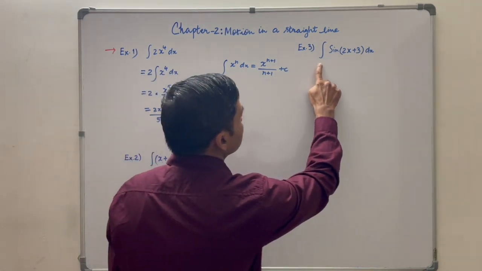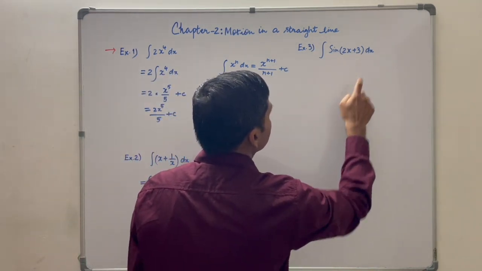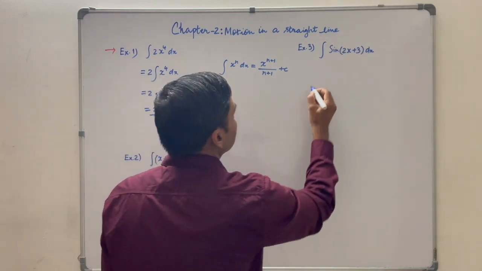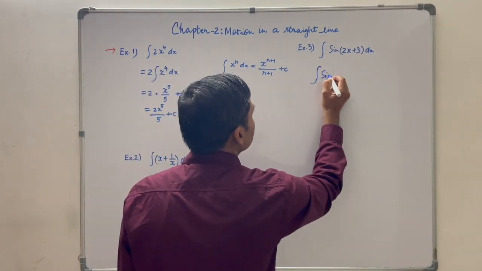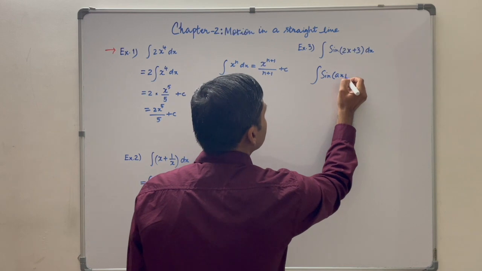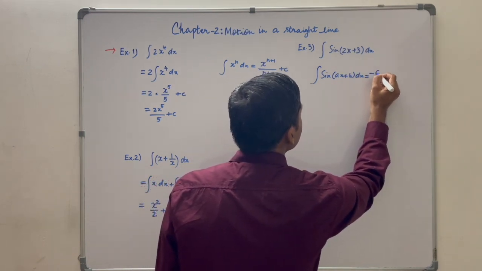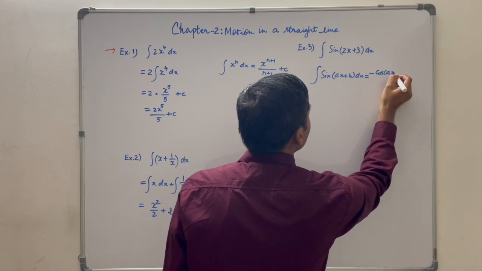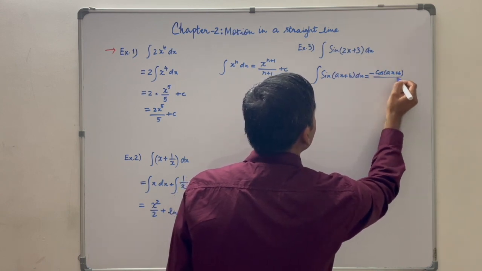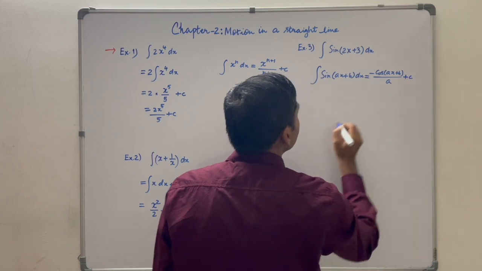Third question, integration of sine 2x plus 3 dx. We know the formula that integration of sine ax plus b dx is equal to minus cos ax plus b upon a plus c.